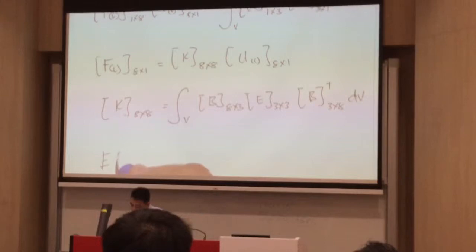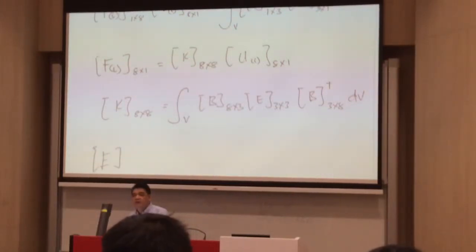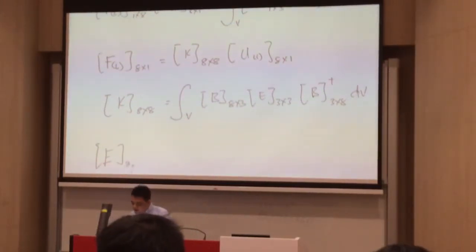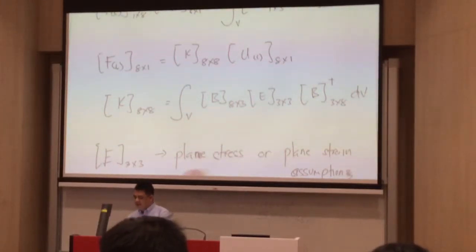Of course, if you use the plane stress and plane strain assumption, you will get an equation for your stiffness matrix E. So either you use plane stress or the plane strain assumption.